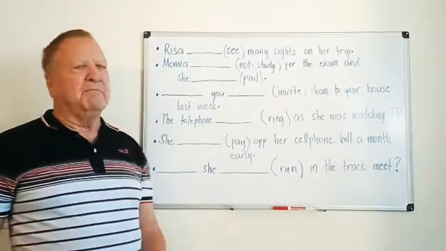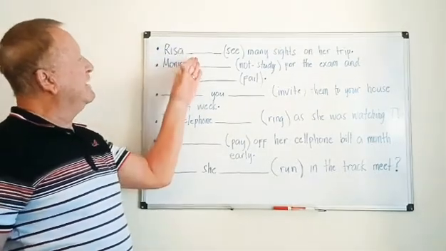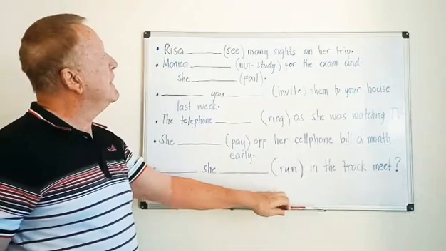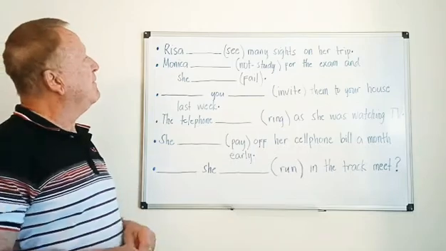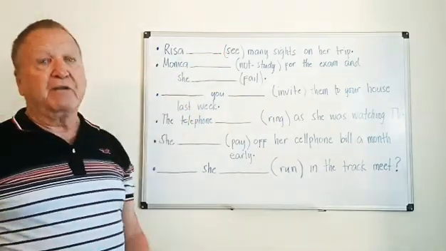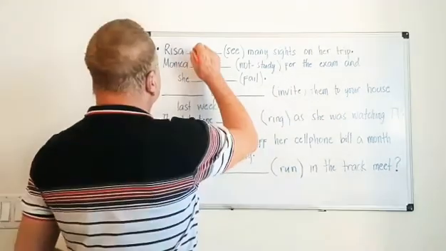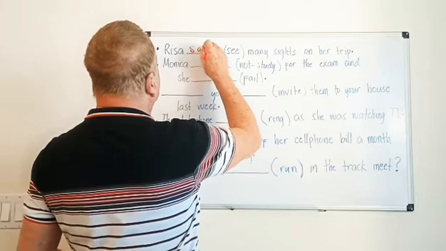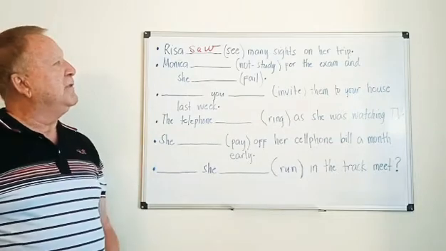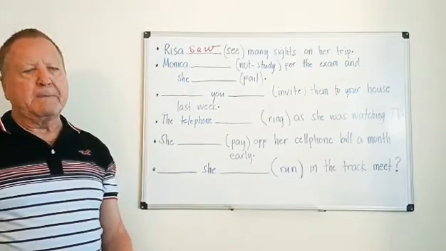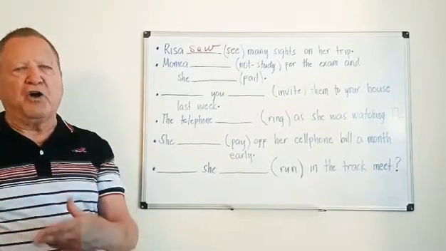The next past tense. Risa, blank, see many sights on her trip. This is an irregular verb, see, and to make it past tense, we make it saw. Risa saw many sights on her trip. See, saw.